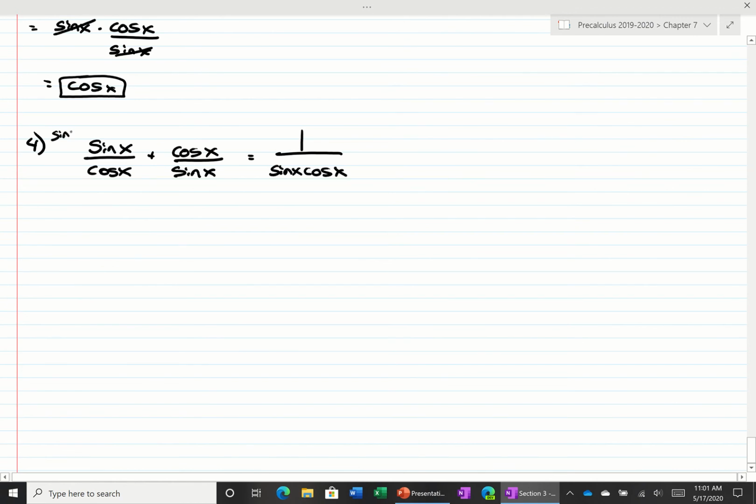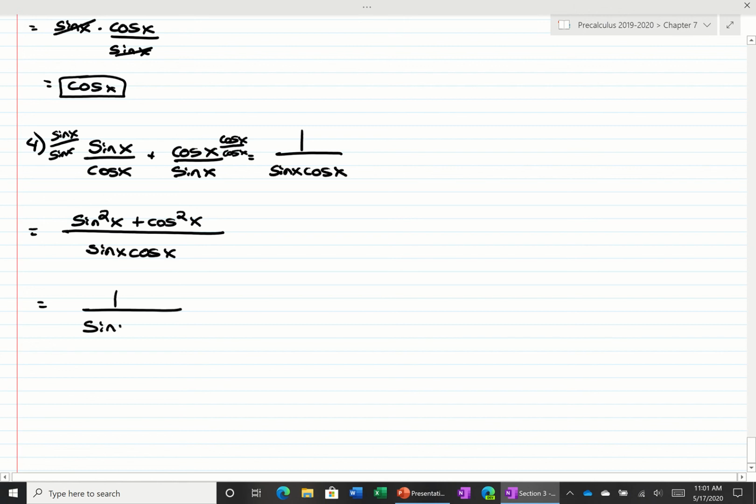We need a sine over sine, and this one needs a cosine over cosine because the common denominator would be sine cosine. So if you multiply this out, you'll get sine squared of x plus cosine squared of x over sine x cosine x. And what is sine squared plus cosine squared? Hopefully everyone is saying 1. Same thing.